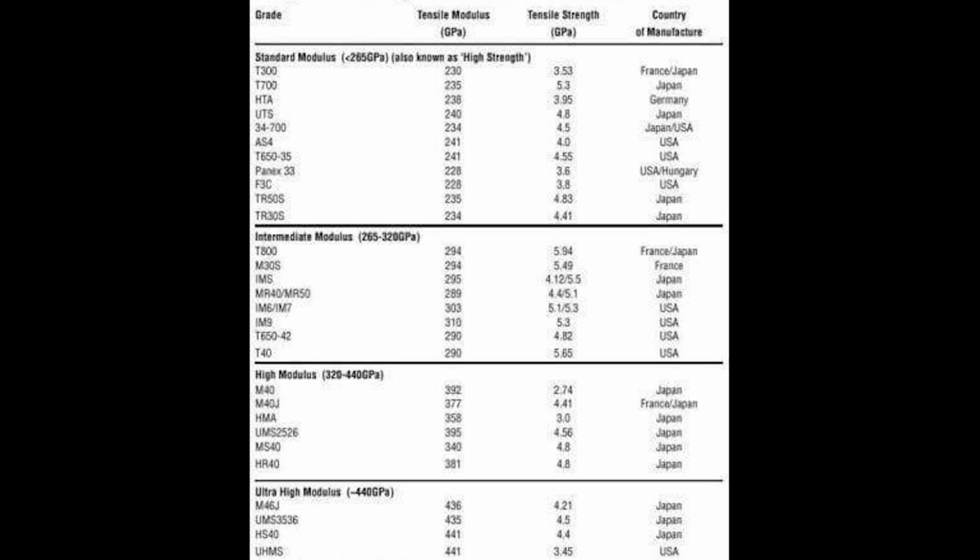But anyway, in our product we're using an M30SC fiber as a UD, oriented along the arm. That is 294 gigapascal in modulus, and the tensile strength is huge. If you compare it to T700, it's not that much better, I think it's 27% higher or something like that.